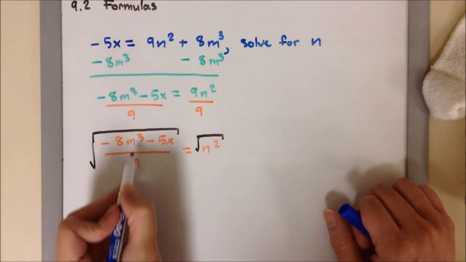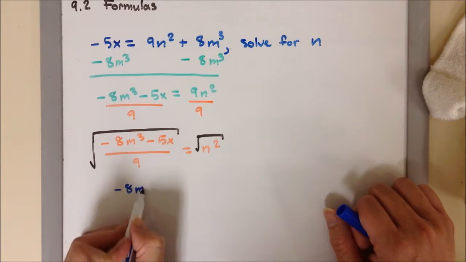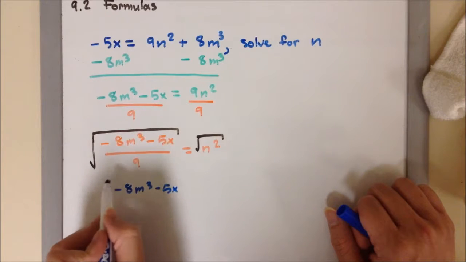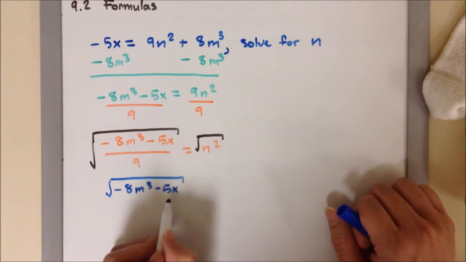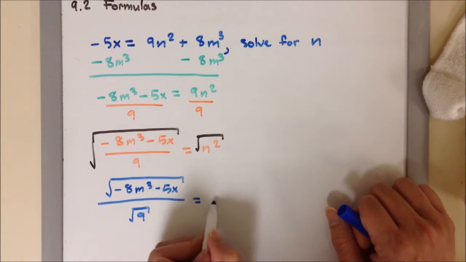So when it's dividing like this, you can rewrite it like this. The square root of negative 8m to the third minus 5x over the square root of 9 equal to n.